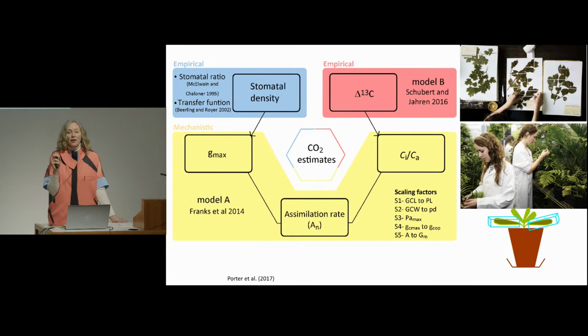And I had colleagues in Sheffield who ran some experiments where they grew Arabidopsis plants. They built a little mini carbon dioxide chamber around the old leaves, and they let the old leaves develop in high carbon dioxide.